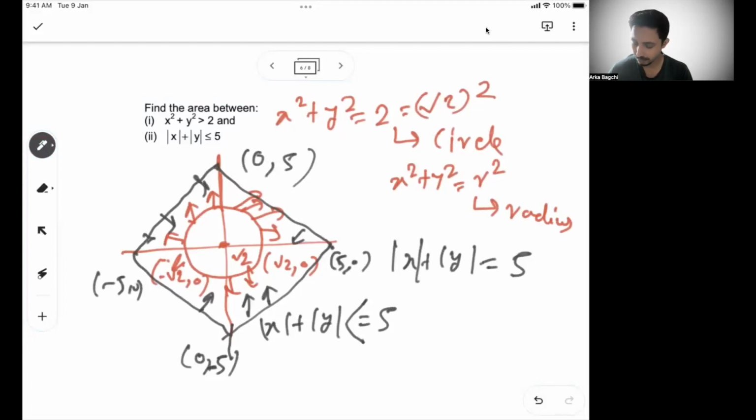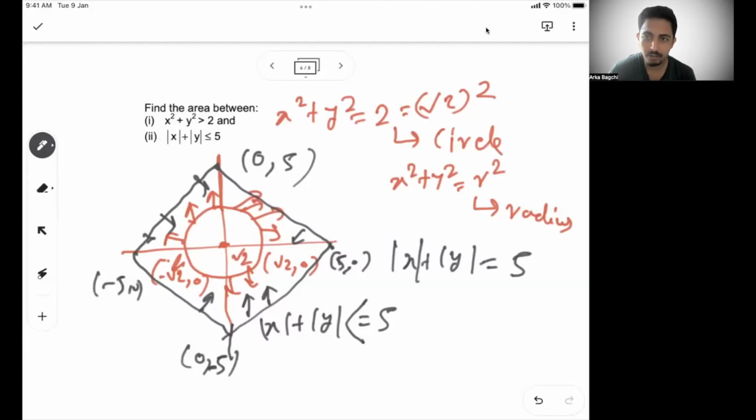How do we get this? Please visit the previous class where we talked in depth about how mod x plus mod y equal to 1 can be drawn, and the same way mod x plus mod y equal to k. Now k can be 1 or 5, but this will be the base graph. If it is less than or equal to 5, we are talking about the inside region of that graph, right?